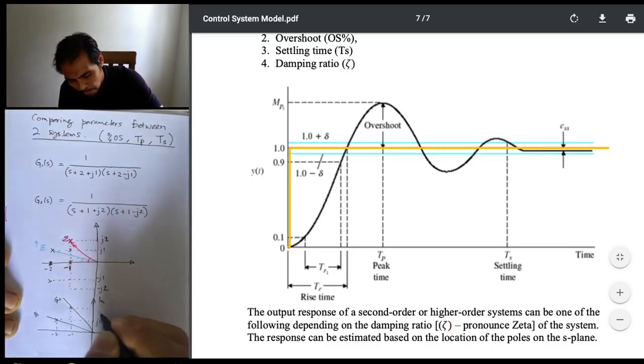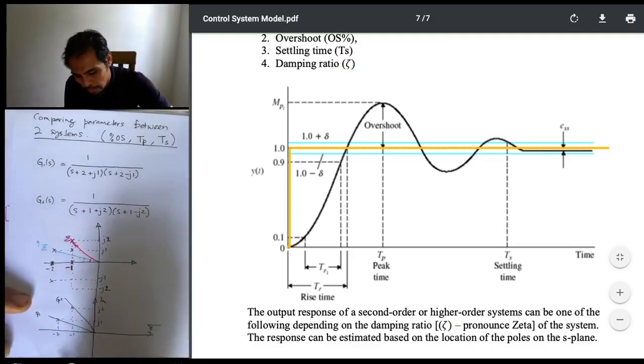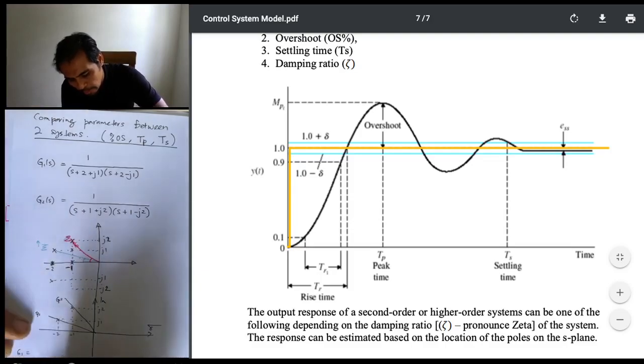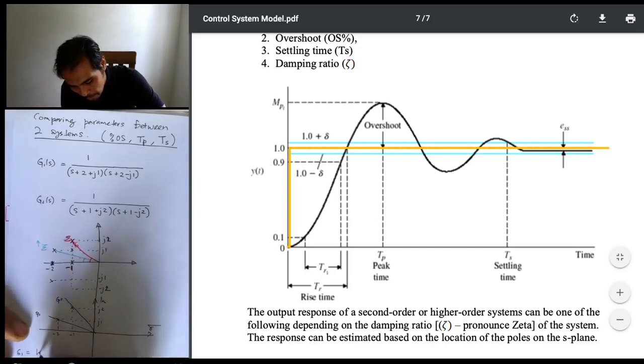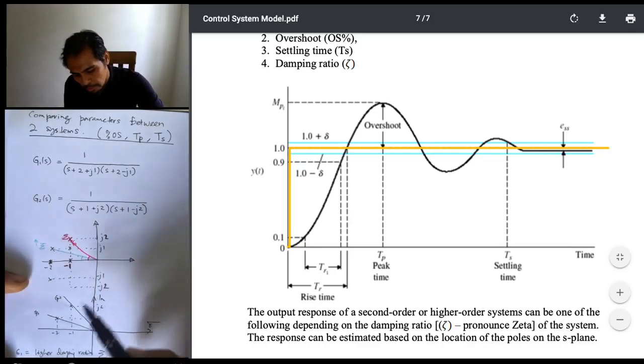As you can see, G1 has higher damping ratio, zeta, because it's moving this side.